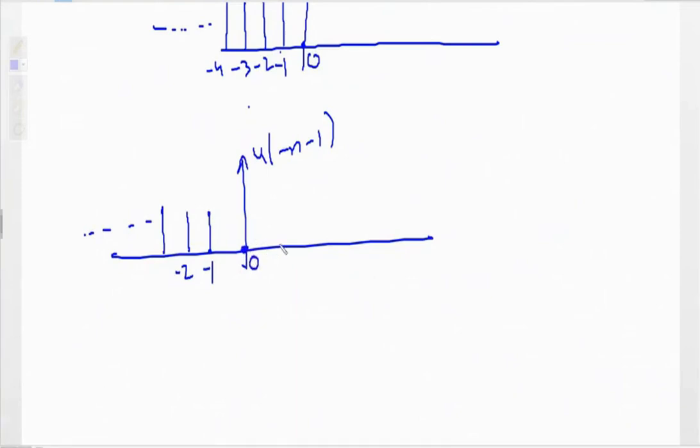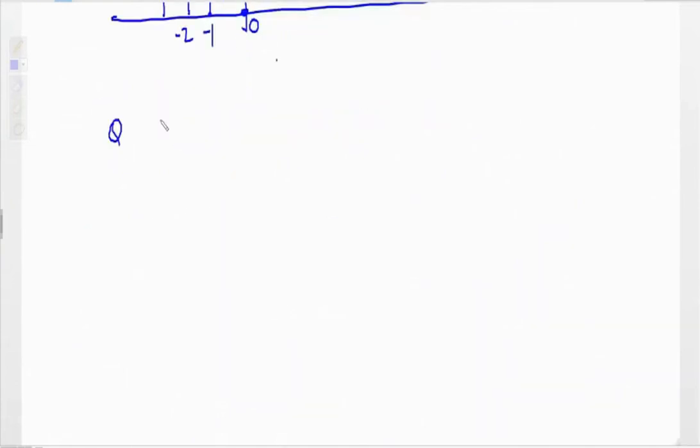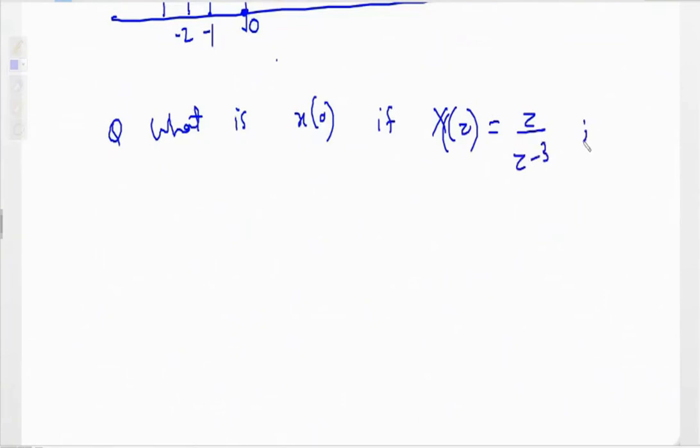Similarly, you can have some examples, like what is x of 0? Suppose X of z is z upon z minus 3 and the ROC is magnitude z less than 3. In this case, what will be your x of n?